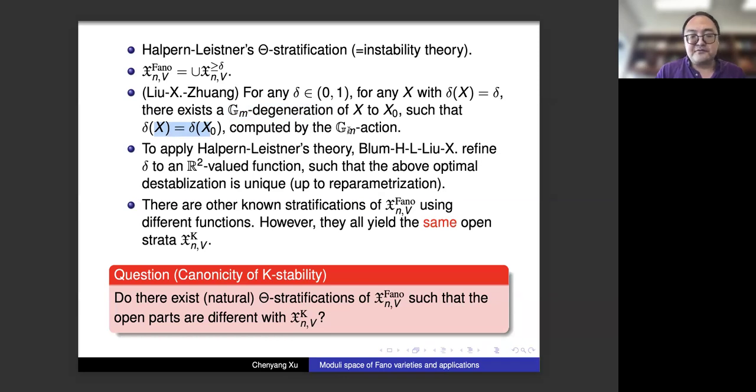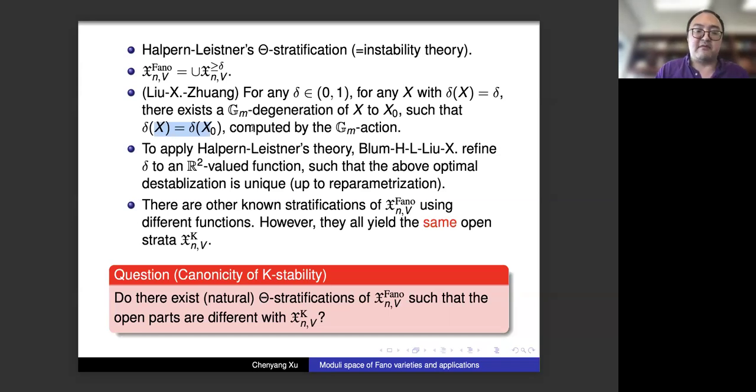We can refine this delta to be an R^2-valued function, where R^2 has the alphabetical order, such that the first component is this delta of X. Now I can look at the degenerations which attain the minimal delta of X, and among them I pick the second minimum.